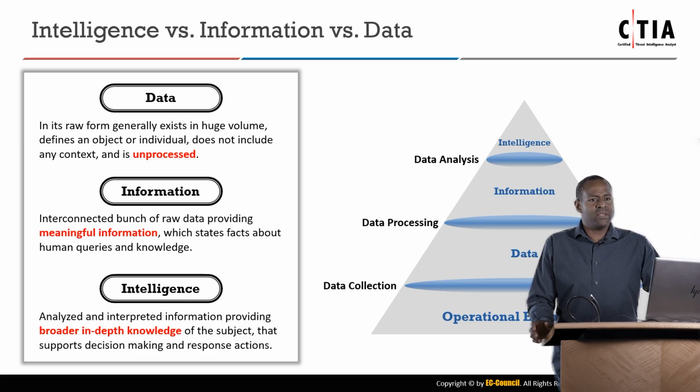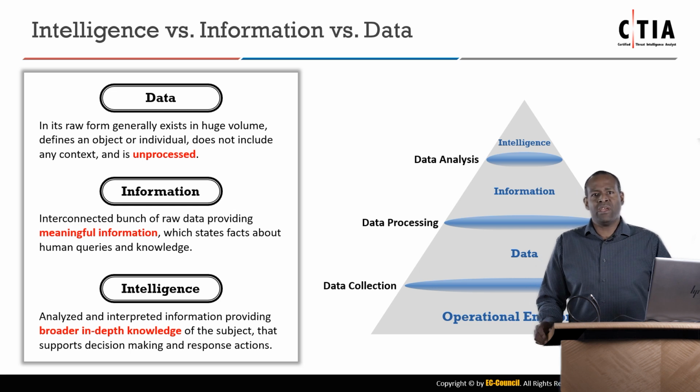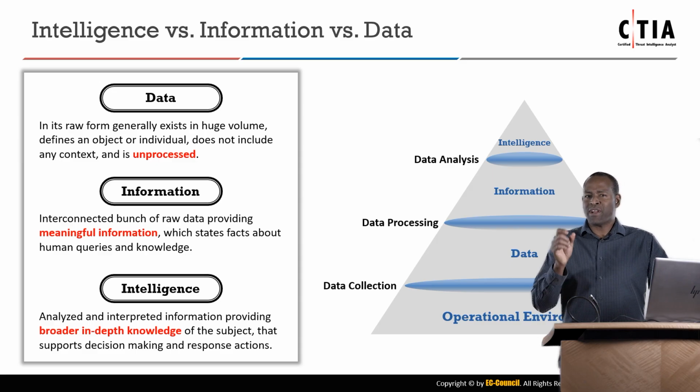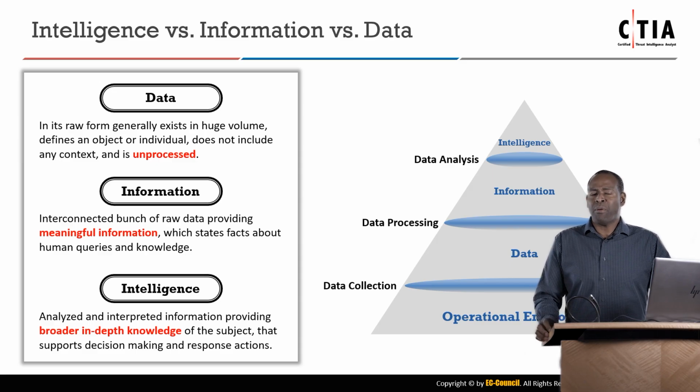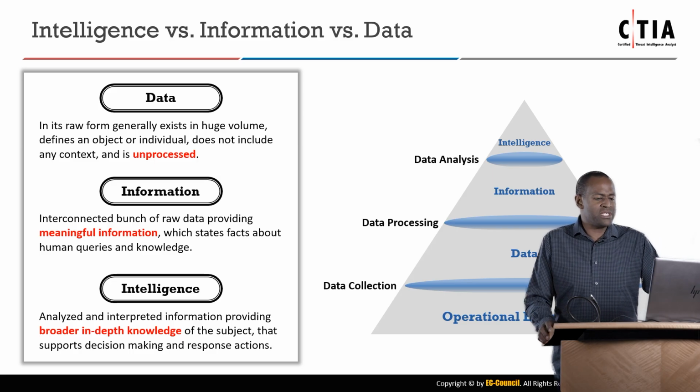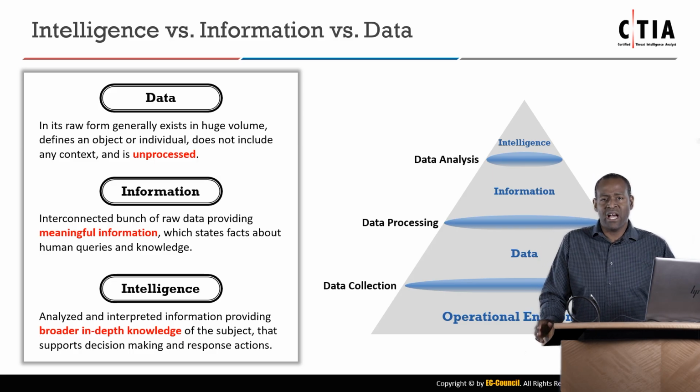So here is a piece of data. Ready? 128. What does that mean? It probably means nothing to you. Is it a part of an IP address? Is it a part of an address for some type of business location? We have no idea because it's unprocessed, non-contextualized. And so data in and of itself can be meaningless.